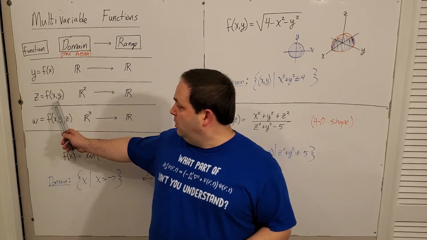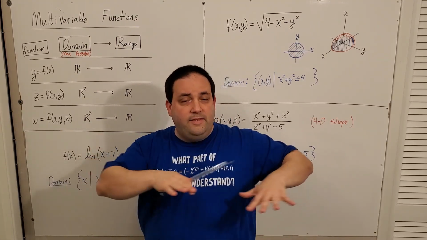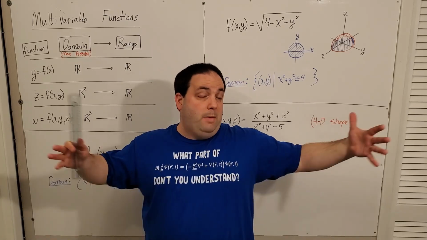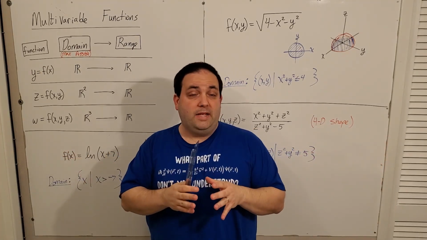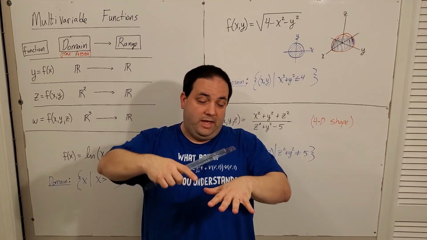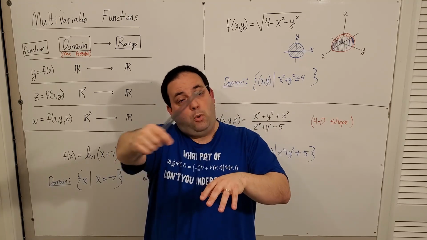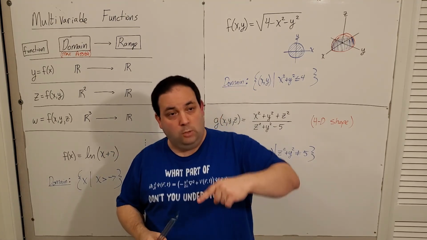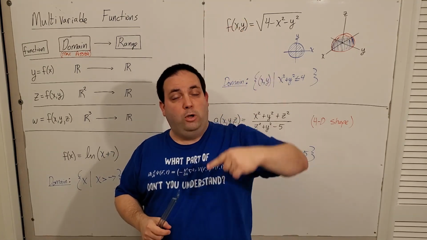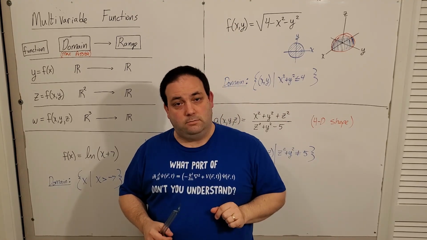So for the multivariable functions that we'll be dealing with, your domain is in the XY plane. It might be the whole plane, or it might be a subset of it, but it'll be in the XY plane. And then you pick points, and whatever those points calculate in the function will be the z value that will go above or below that piece of the domain.